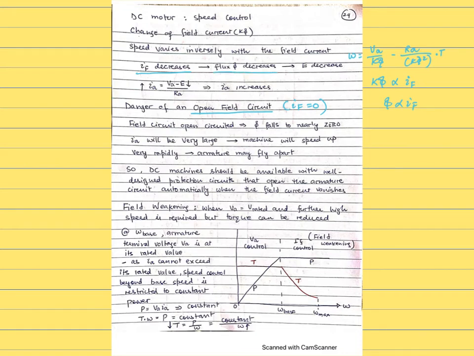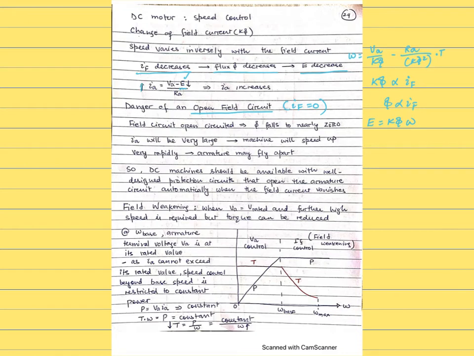And what that does is decrease the value of E. Remember, E is K phi omega. So the flux decreases, and that decreases E. Once E is decreased, IA, the current flowing through the armature, which is given by VA minus E over RA, will increase, since the part subtracted from VA is decreased.